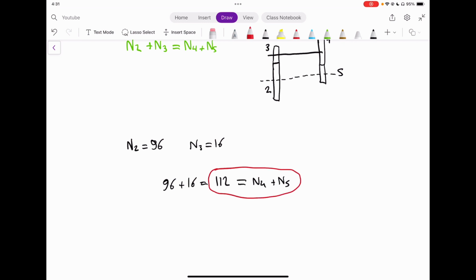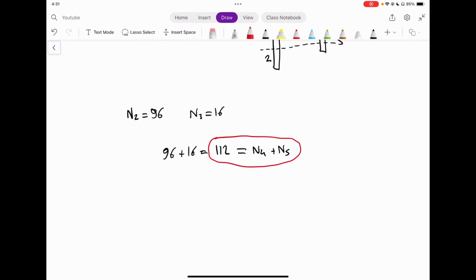So if we look at this equation, let's try to figure out what our number of teeth should be for N4 and N5 to be equal, and we also know that N4 over N5, which is mg, should be equal to 5. So these are our two governing equations for this system.